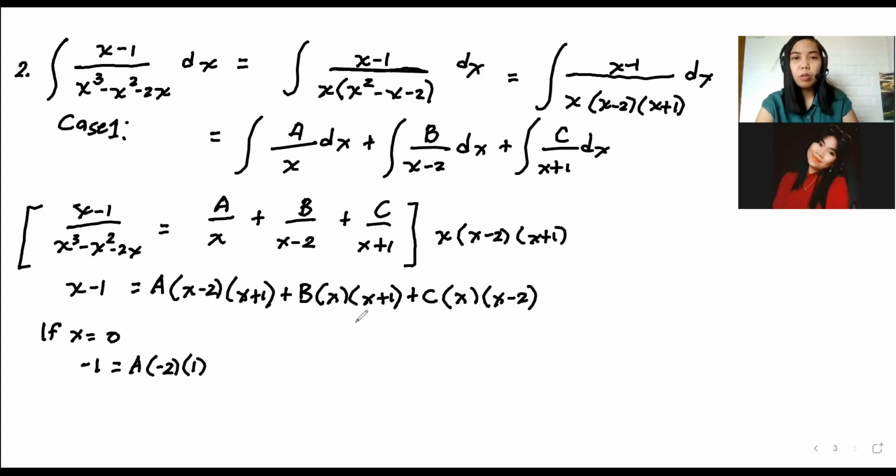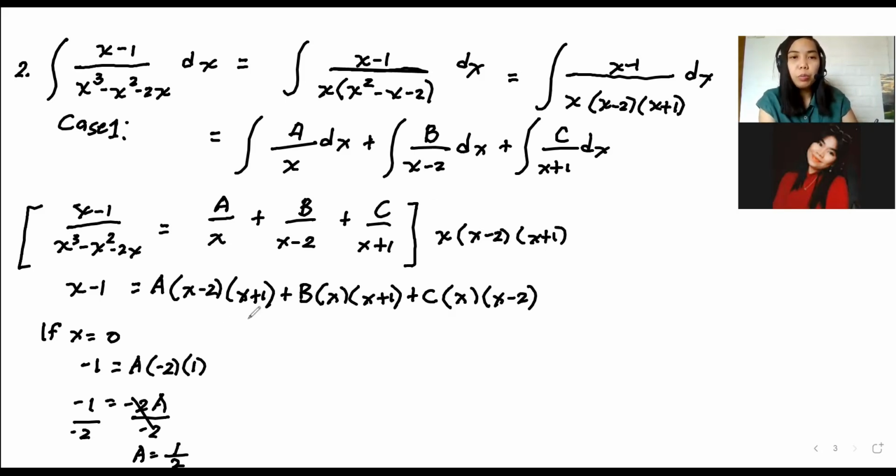Yung B, kasi may x dito, this will be 0 times this, and this also becomes 0. So simplify, negative 1 equals negative 2A. Divide both sides by negative 2. So A is 1 half.